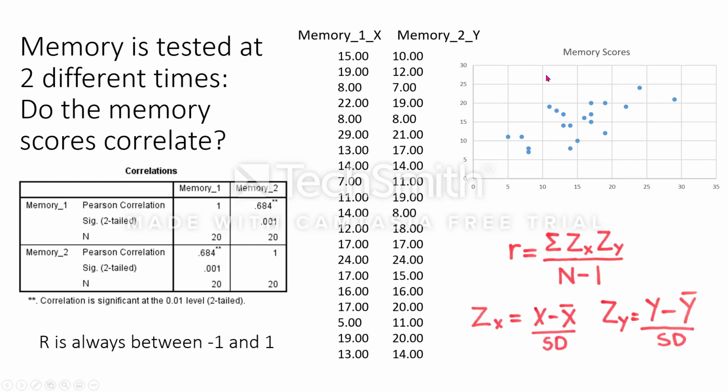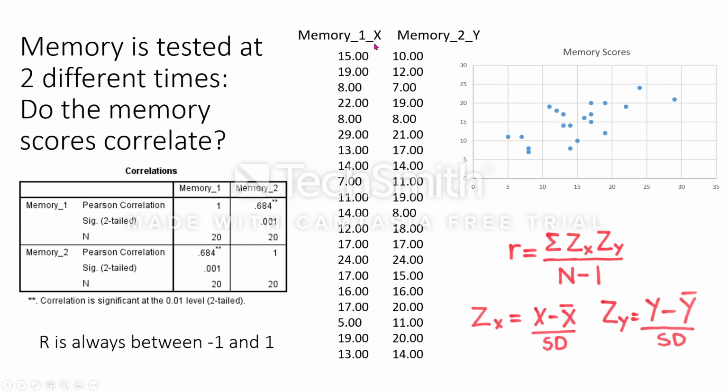And it may initially look like these data are all over the place, but what the correlation coefficient is going to tell us is whether there is some sort of linear relationship between the values that we get on these 2 different memory tests.